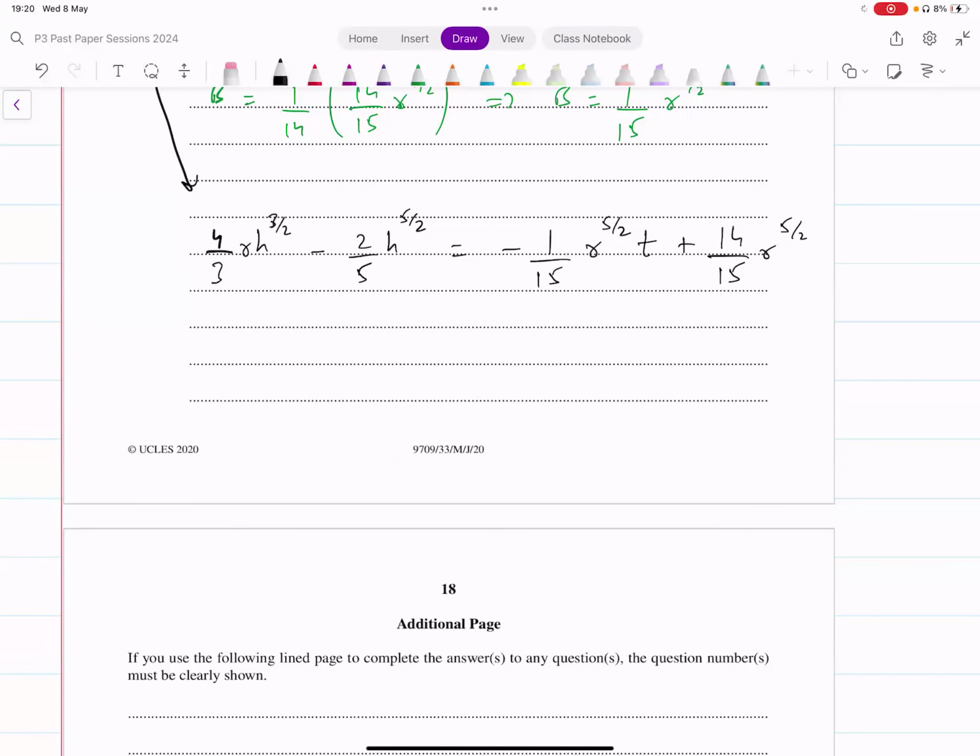So take all terms to one side. Apart from T, it becomes 4 over 3 r h raised to the power 3 over 2 minus 2 over 5 h raised to the power 5 over 2 minus 14 over 15 r raised to the power 5 over 2.